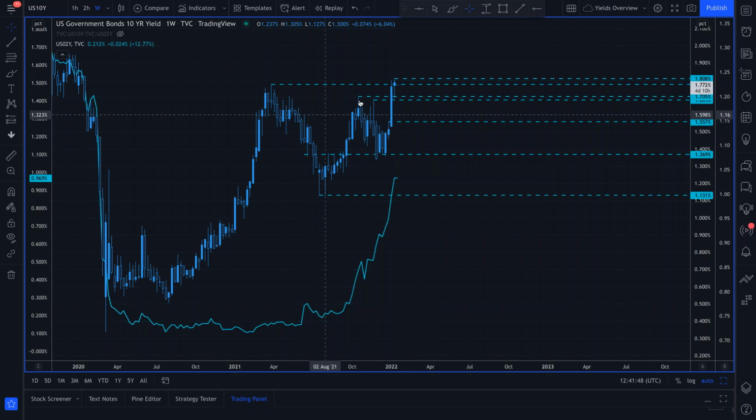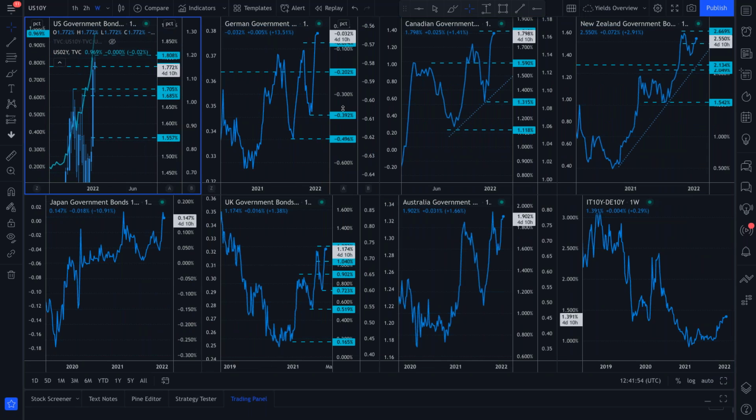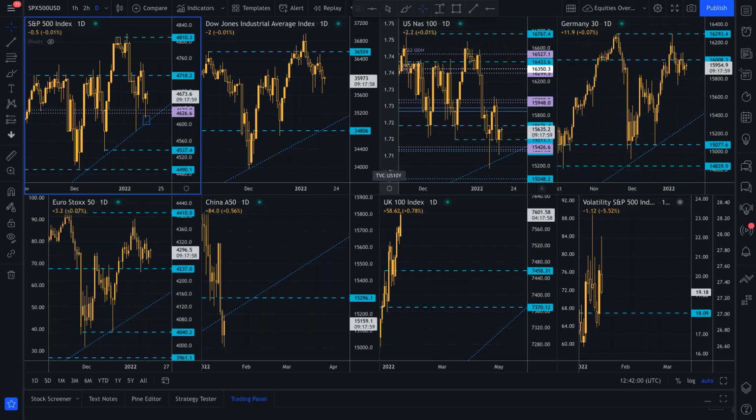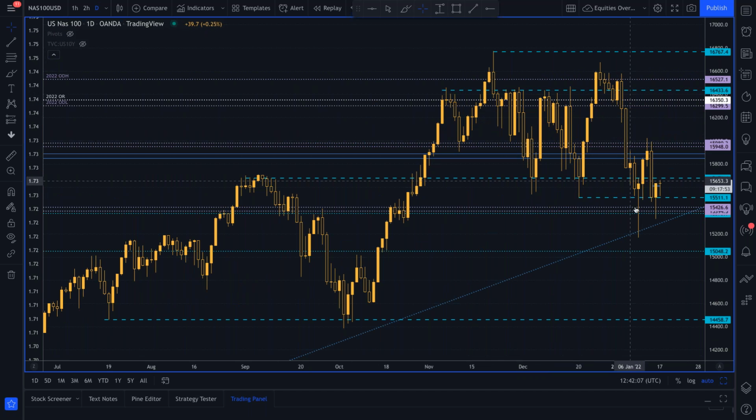At the moment, that yield move higher is also impacting gold, and I'll come on to that in a minute. But you can see bond yields are generally moving higher across the board. Now that pressure is being felt in the stock market. You can see here, particularly Nasdaq tech stocks, that sharp move lower to start the year.